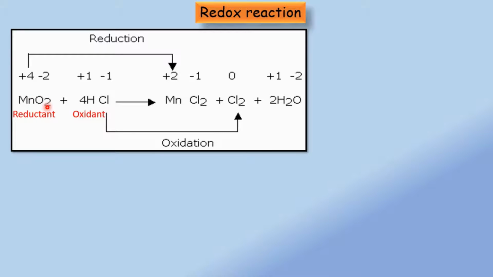At the same time, HCl loses hydrogen, as you can see here, and undergoes oxidation. As oxidation and reduction happen simultaneously, this is a redox reaction.